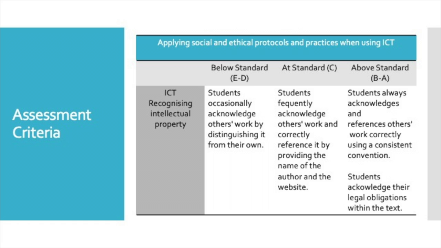I will be assessing this assignment using a rubric with multiple criteria. Here, I will just be focusing on the criteria surrounding ICT and recognizing intellectual property. For students to achieve at standard, or in other words, at C level, they will need to frequently acknowledge others' work through correctly referencing it, using the name of the author and the website that they have retrieved it from. For students to achieve above standard, ranging from an A to a B, they will need to consistently acknowledge others' work correctly, using a consistent convention.